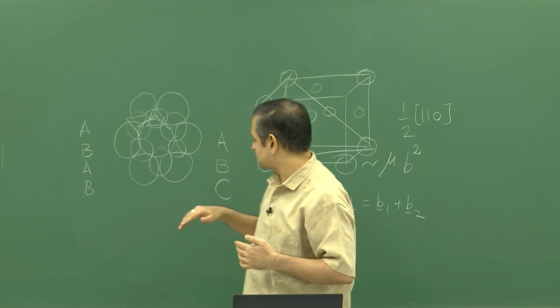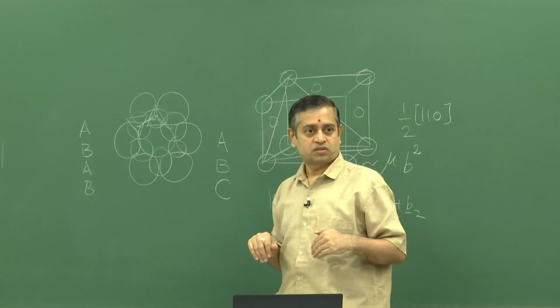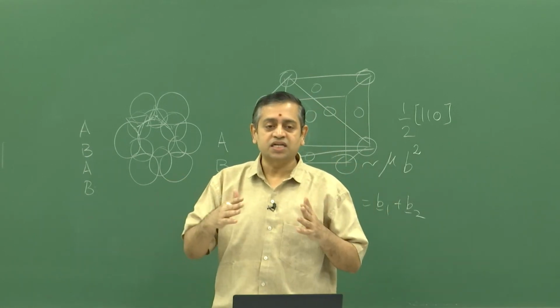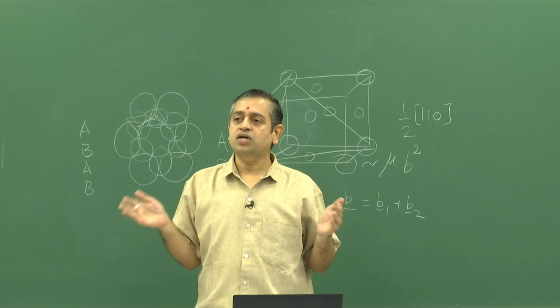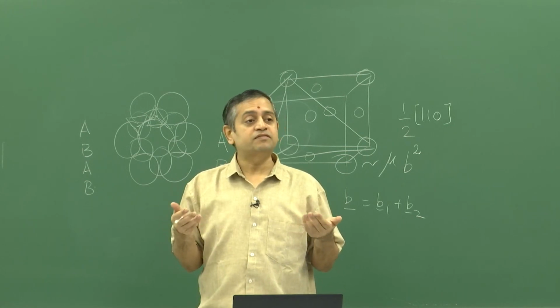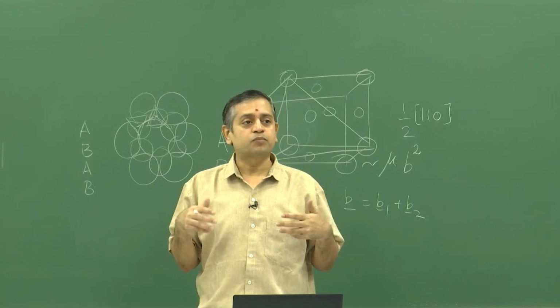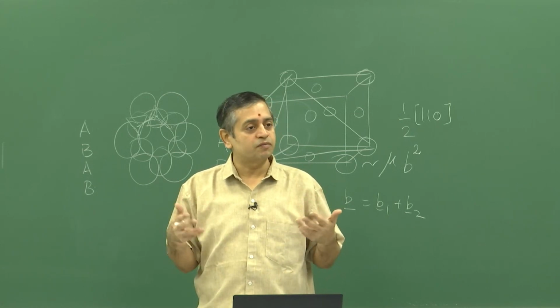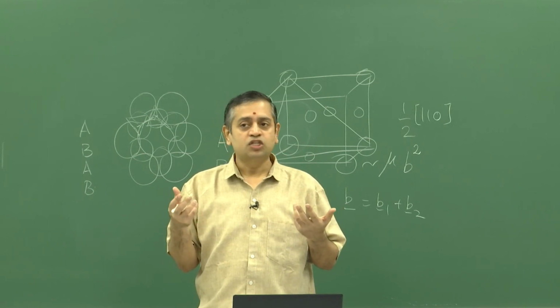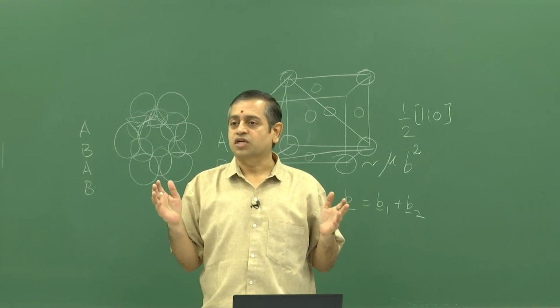So, in systems where stacking fault energy is low and the partials are far apart, you also have a tendency to form twins, which means when you deform, they will also have a tendency to deform by producing twins. The plastic deformation will be accommodated by twinning instead of moving dislocations.